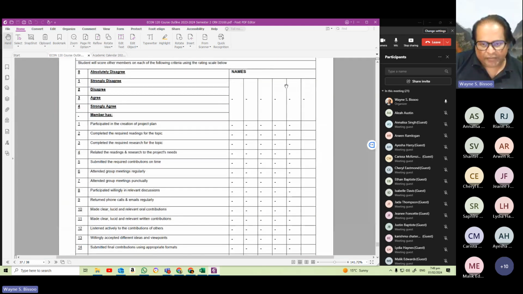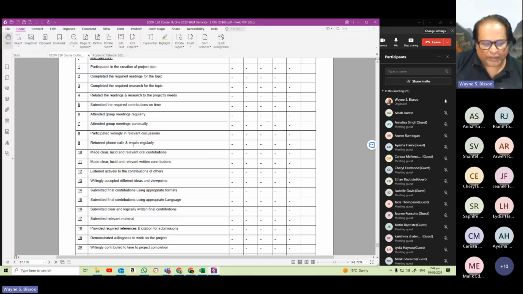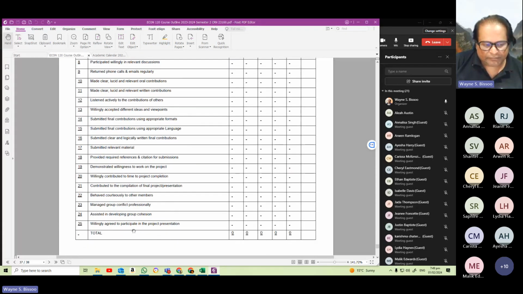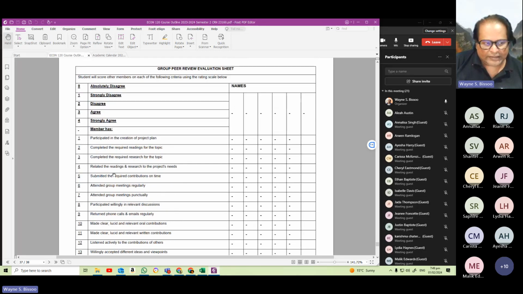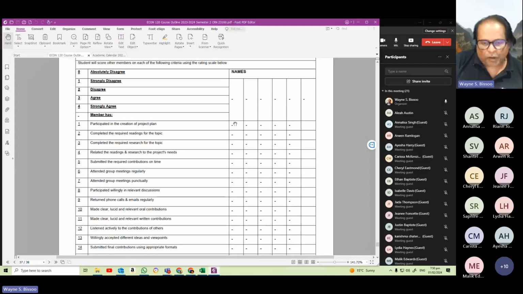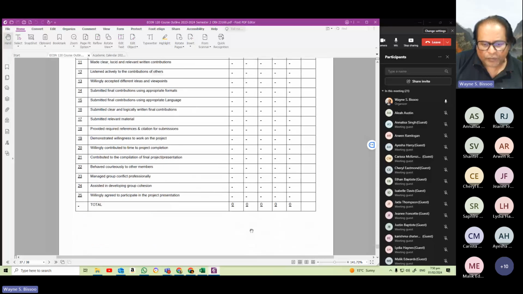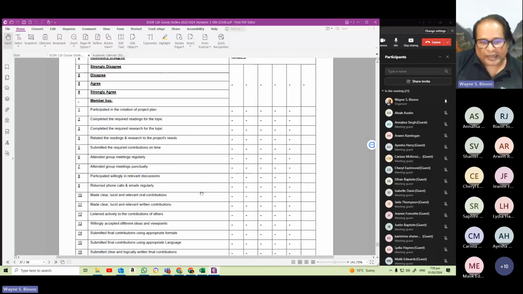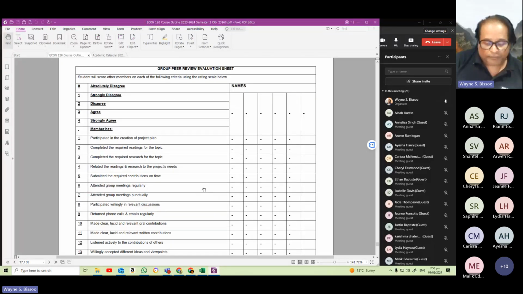It scores everybody else but yourself on 25 statements, using a rating system from 0 to 4. 0 being that they absolutely disagree or did nothing, to a maximum of 4, they did everything they needed to do. That gives an overall score out of 100%, which gives me an idea of how the people performed in the group.